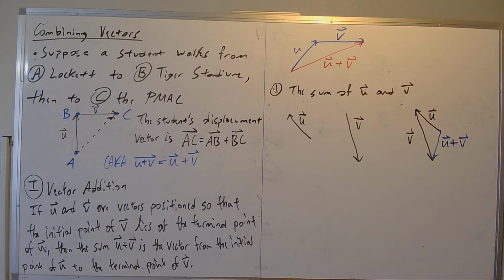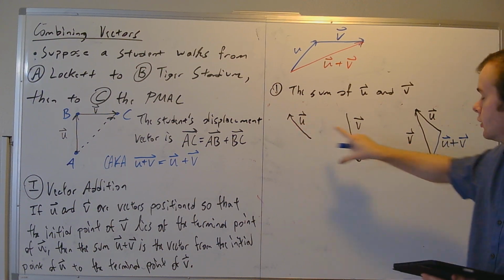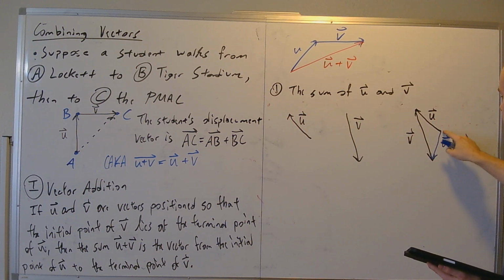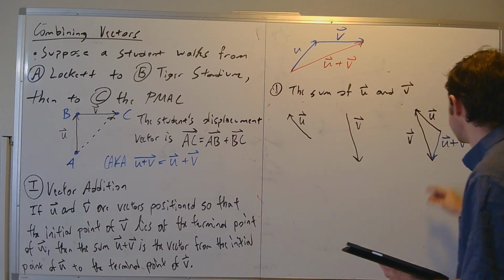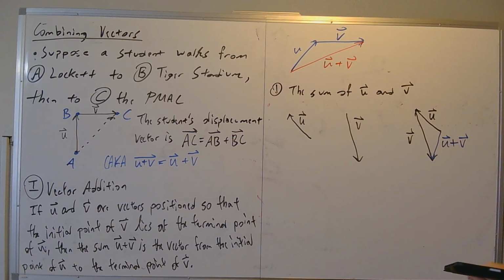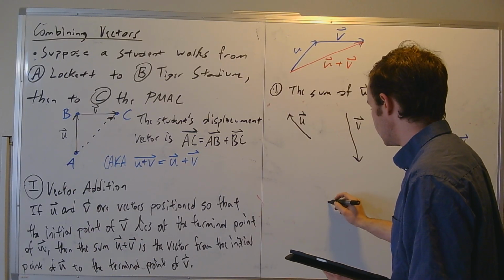Again, the way we add two vectors is we take one, we stick it on the end of the other one, and then we draw the straight line from the start of the first vector to the end of the second vector. That's very important because that comes up a lot. We need to know how to add these vectors. And you can note that this was u plus v. Let me draw this again.